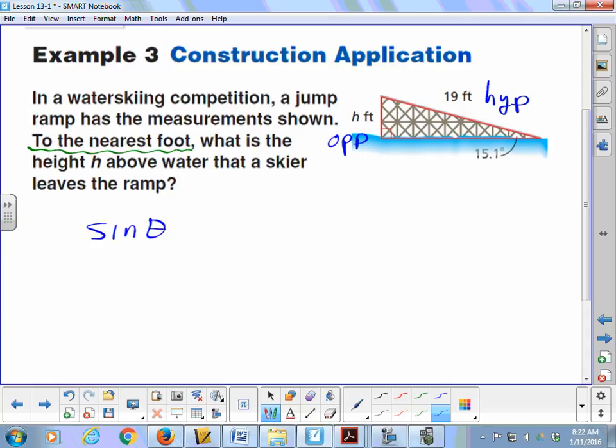They give us opposite over hypotenuse, which again is sine. And you won't use sine all the time. Actually, we use tangent more than we use sine and cosine probably. So the sine of 15.1 equals h over 19.